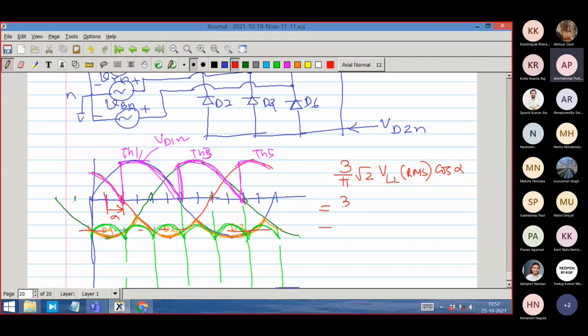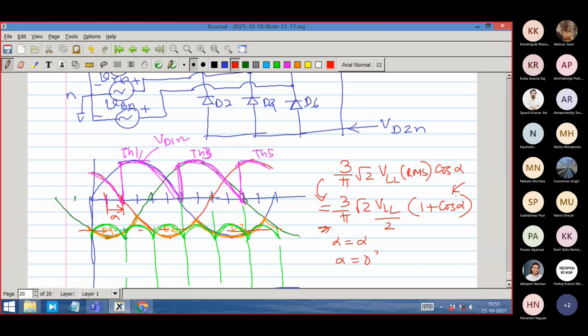So I will divide it into two parts: 3 by root 2 pi VLL cos alpha plus 3 by root 2 pi VLL. The cos alpha will give you this, and the other cos alpha, since it is 0 degrees, will give you 1, right? So it gets modified into this form, because for one alpha is whatever alpha, and for the other alpha is 0 degrees.